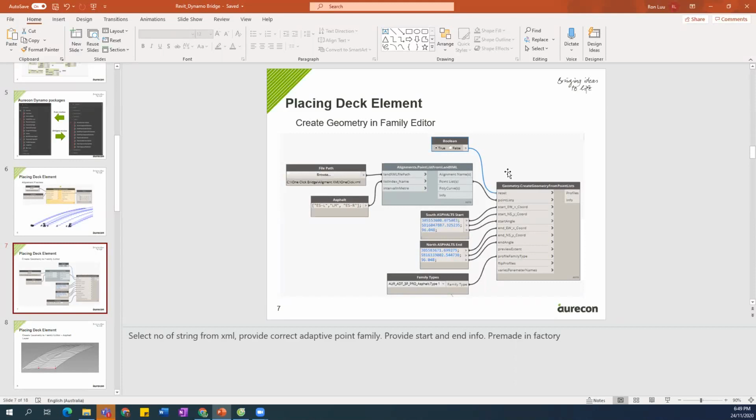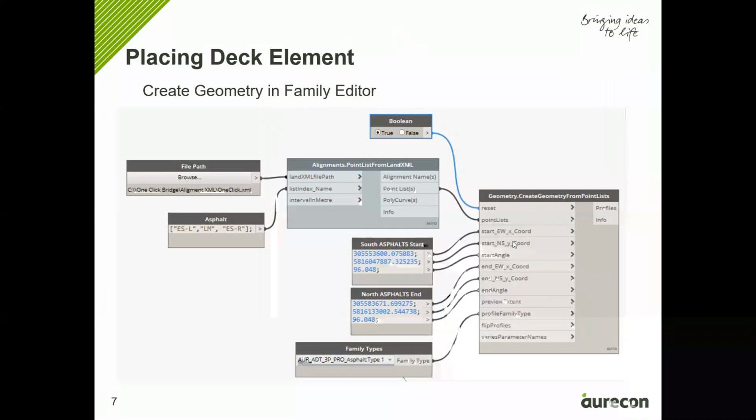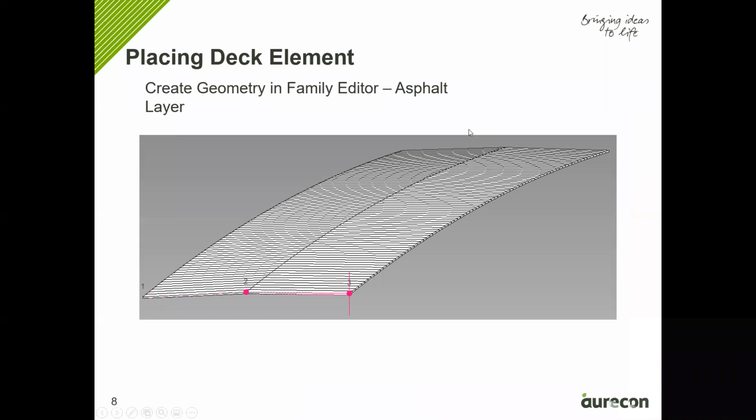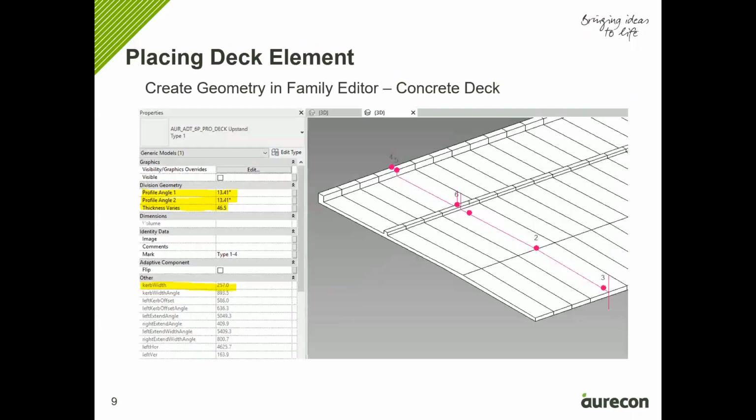Another question is, is this workflow adaptable to any bridge? You were showing before the adaptive families with 6 adaptive points, right? If you go with more or fewer adaptive points, will the workflow still work?